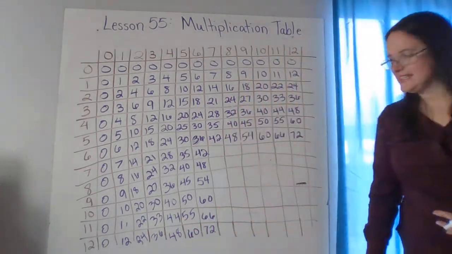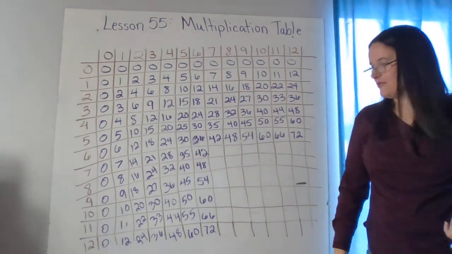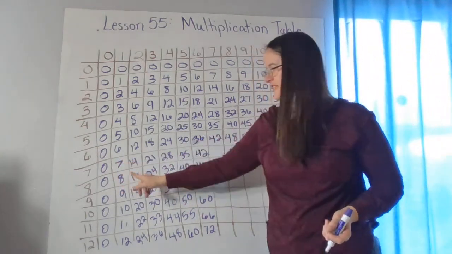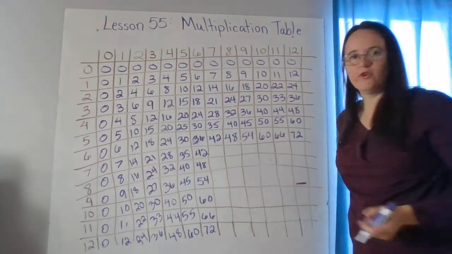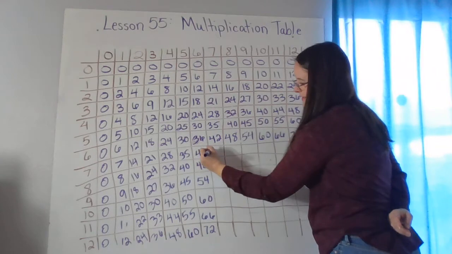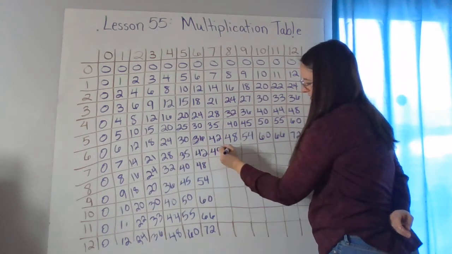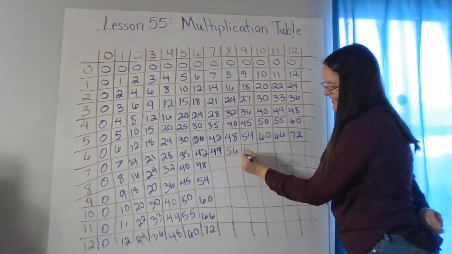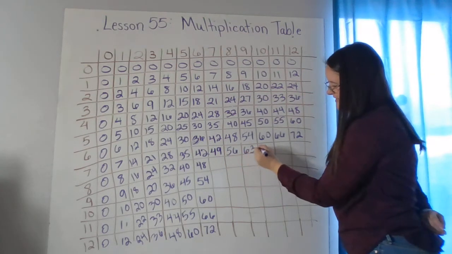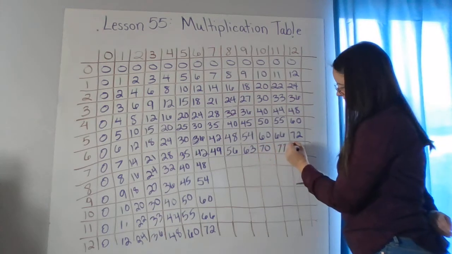Now we have to count by sevens, but once again, it's more than halfway done for us. 0, 7, 14, 21, 28, 35, 42, 49, 56, 63, 70, 77.